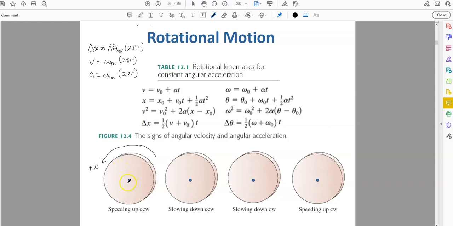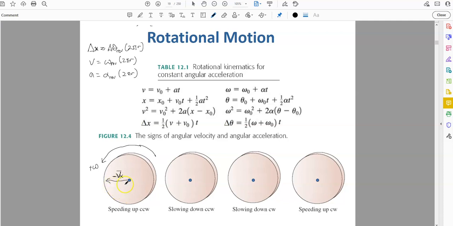Well, if this wheel is spinning counterclockwise, the center of mass of the wheel would be rolling to the left in the x direction. So it would have a negative velocity vector in the x direction.